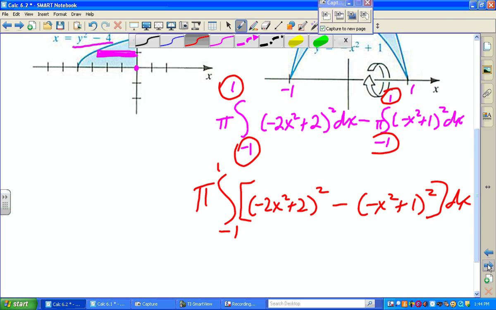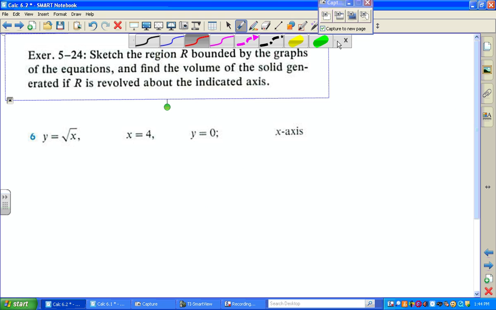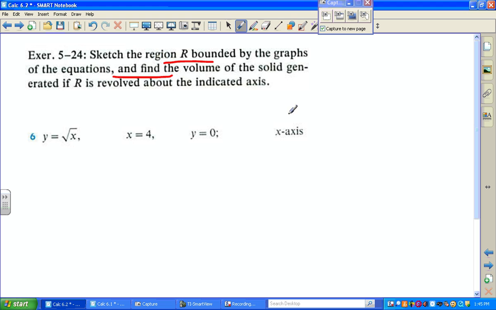All right. Ready? All right. Sketch the region bounded by the graphs and find the volume. So you have 3 graphs and your axis of rotation. So this tells you how you have to set the integral up.